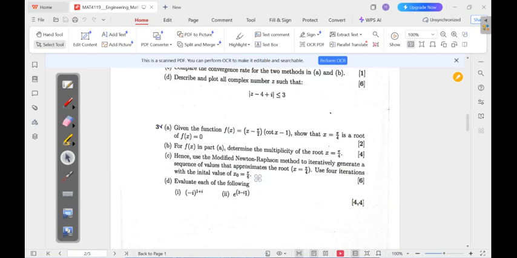The question is asking us to evaluate each of the following. So the first one that we have is open bracket minus i to the power 1 plus i. So what I'm going to do here is use the principal branch.